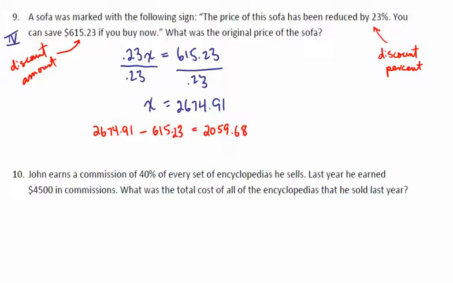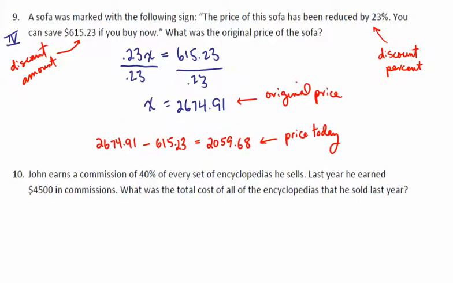So that's an expensive couch. So this is how we would find how much the actual cost is today given the information that we have. And we'll go on to the next problem.